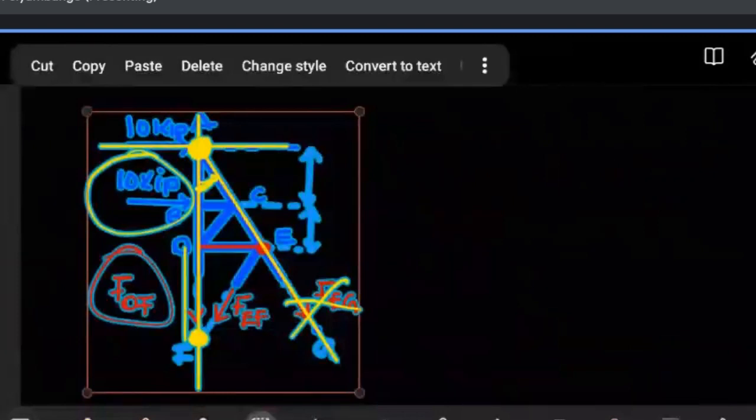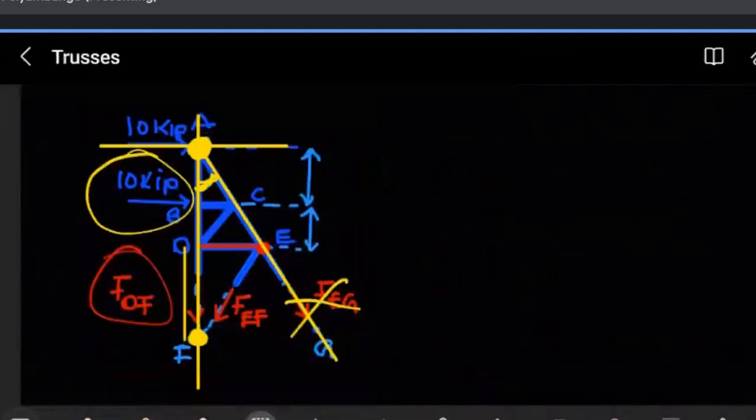The force through FG, the force through EG and the force through DF all go through A, meaning taking moments about A would have eliminated them, and even without knowing them, we would have still found what EF is. Let me demonstrate.